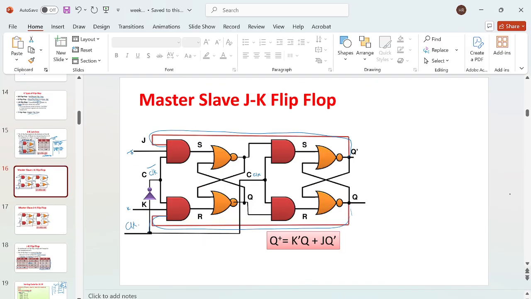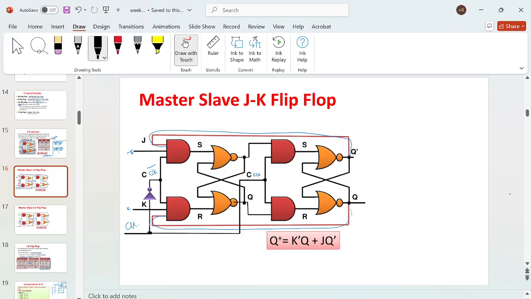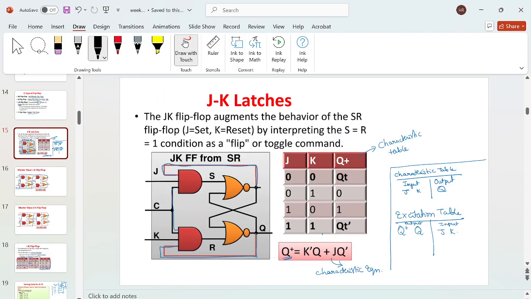For JK we have this flip-flop feedback, and here we don't have that. The 1 1 state is allowed. So here, if you see the 1 1 state, it gives the complementary output.